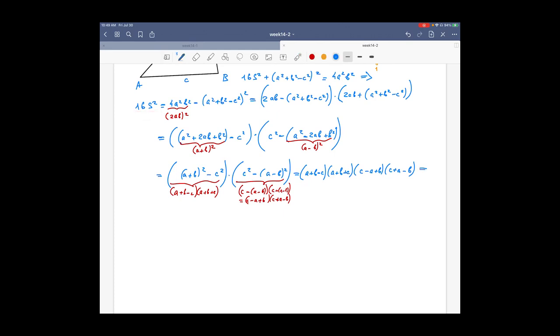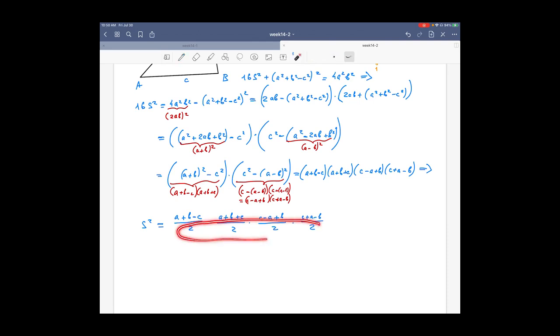So if I divide this by 16, I can write that s squared equals a plus b minus c over 2, times a plus b plus c over 2, times c minus a plus b over 2, times c plus a minus b over 2.